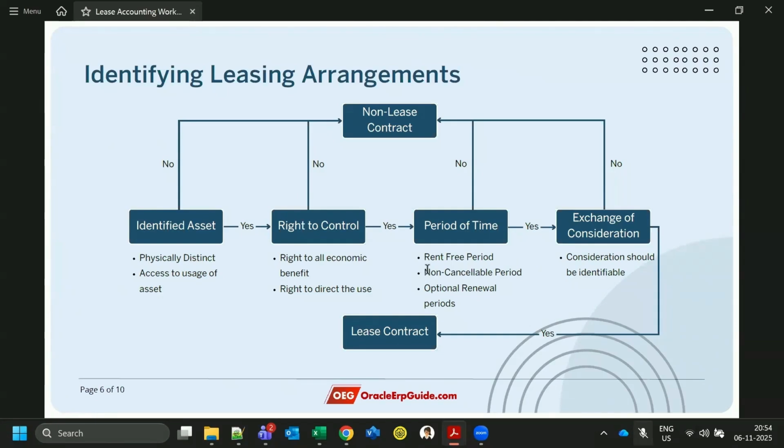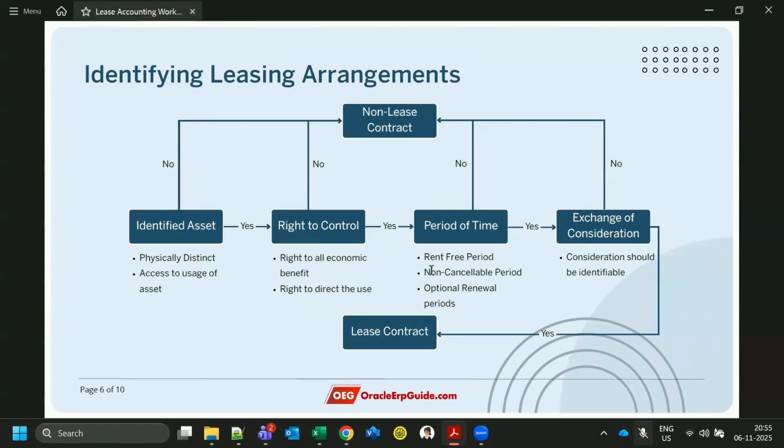Similarly, if we have any non-cancelable period, let's say we have agreed that until 3 years we won't be able to cancel the lease contract, that 3 years becomes a part of my lease term.